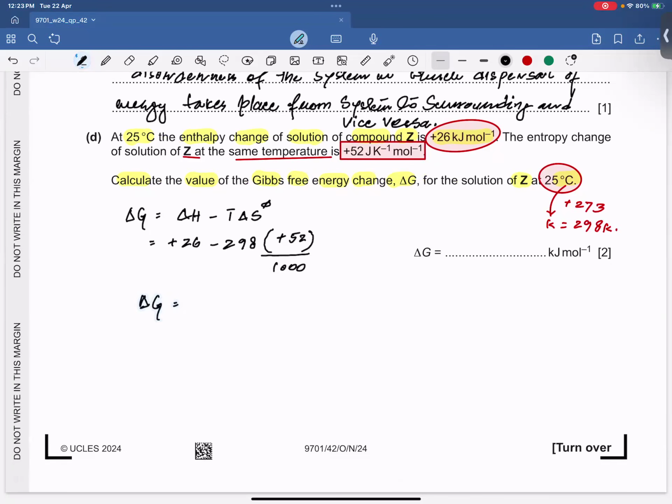So it's going to be 10.504, and the value is going to be plus 10.5 kilojoules per mole.